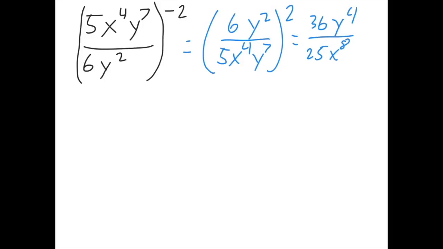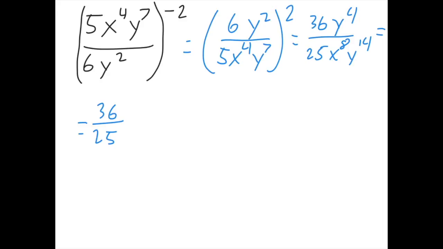And y to the 7th squared, 7 times 2 is 14. Now 36 over 25 can't be reduced at all, so it's going to stay that way: 36 over 25.